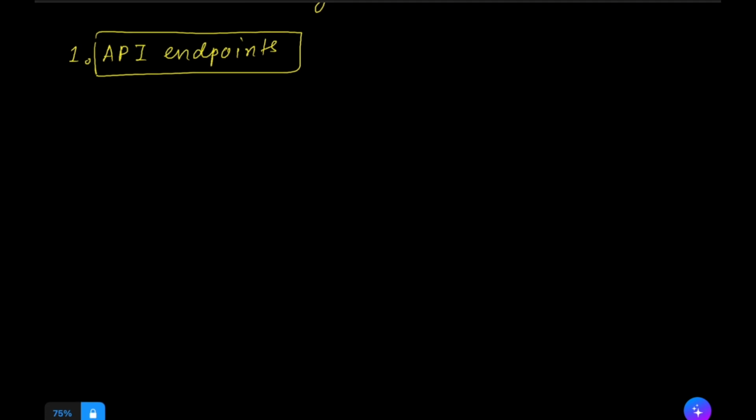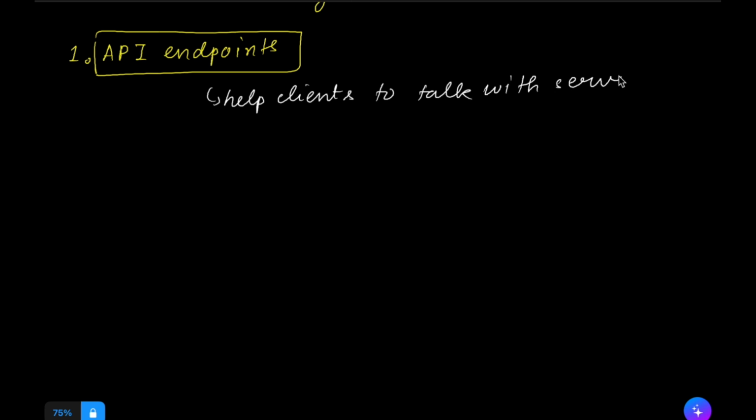They help clients talk with the server using REST style. I'll give a short link about the API, so you can read about it in the description box. And URL shortening and URL redirecting use these API calls to perform their operations.